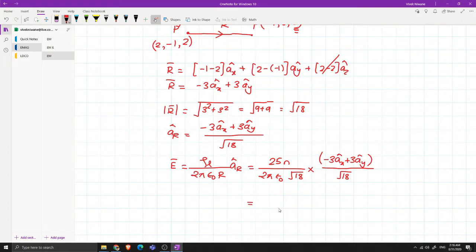So you can do the calculation, and we will have the answer in volt per meter. Accordingly we are going to solve the numerical.